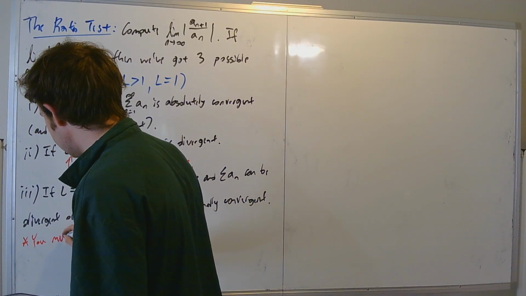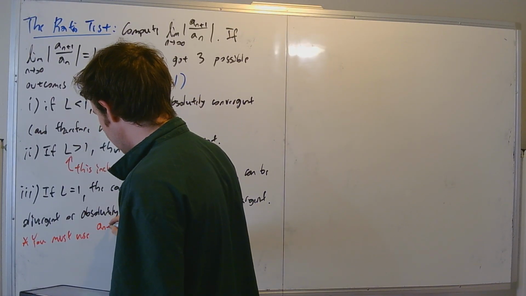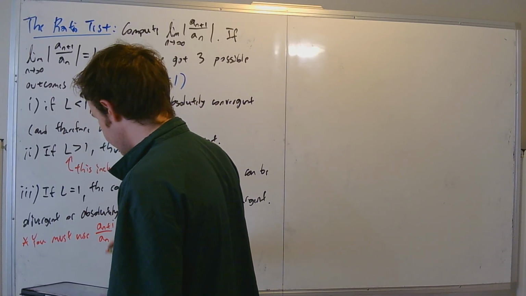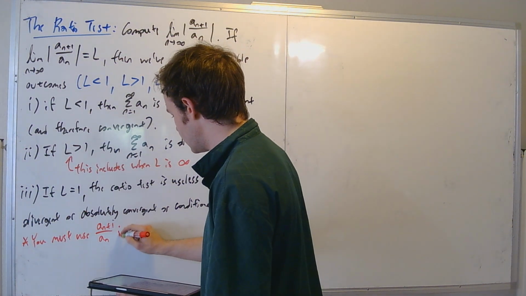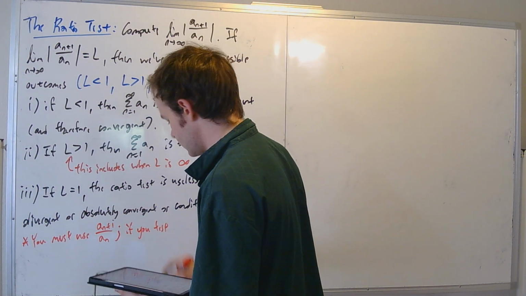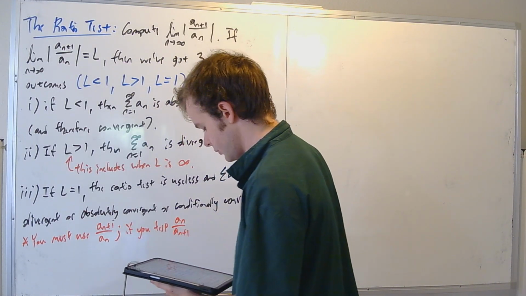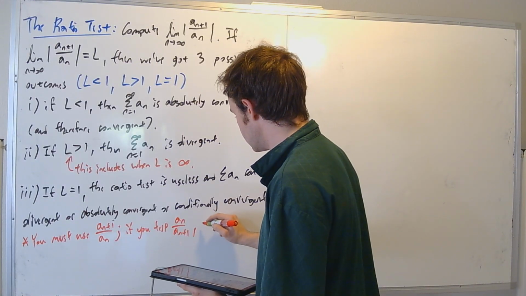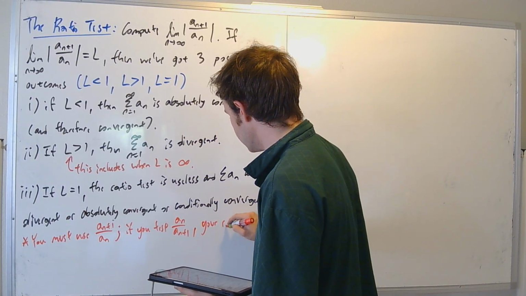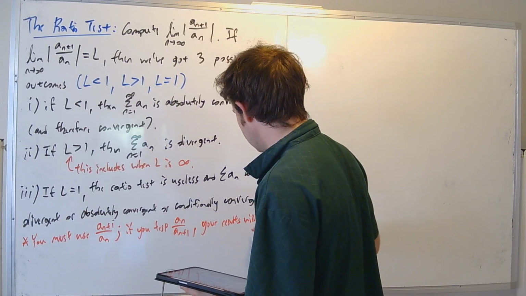You must use a_{n+1} over a_n, because if you test a_n over a_{n+1}, your results will be backwards.